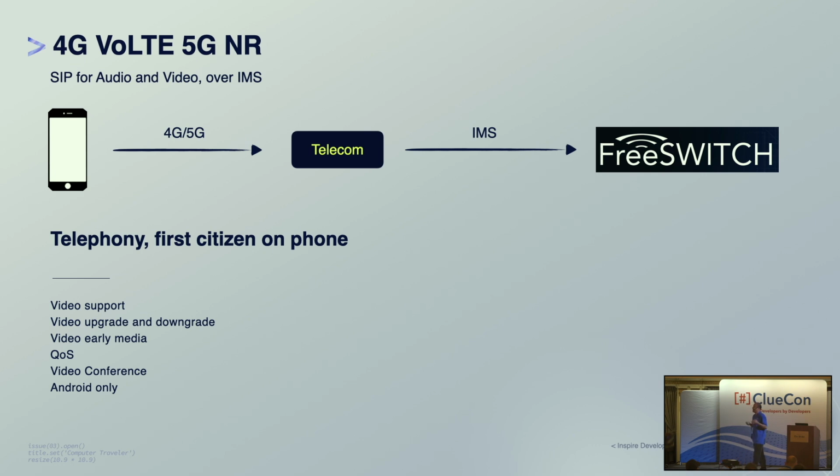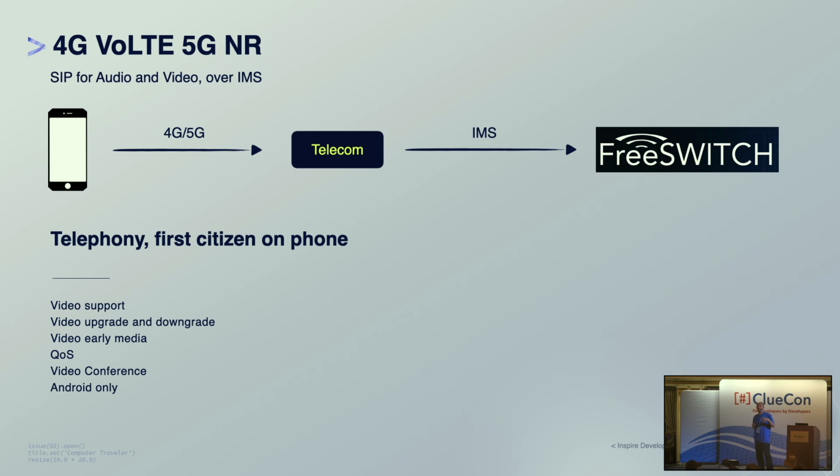But telephony is the first-class citizen on the phone. Whatever you are working on, if a phone call is coming in, you must answer the phone call or reject it, right? So it's a first-class citizen. And all the 5G phones have video support, so you can directly make a video call or join a conference, and it can do video upgrade.